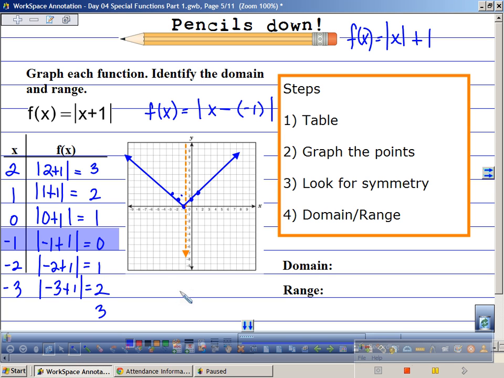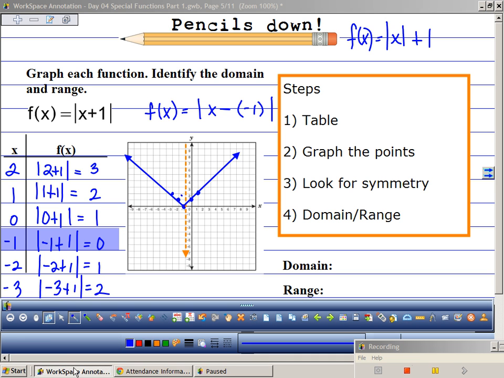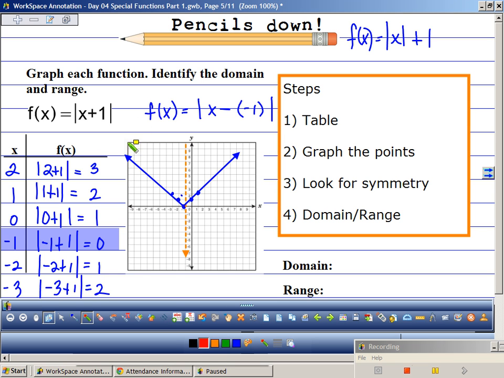Okay? Let's talk about domain and range before you copy this down. This is going to be super, super, super important. Okay, let's use the same color for all of them. Let's use red. I'm going to use red to say this is my domain line.